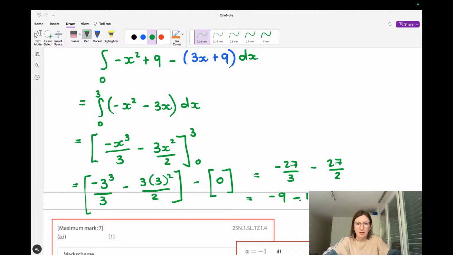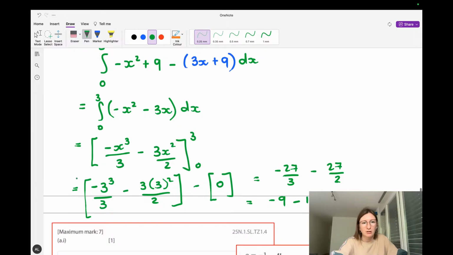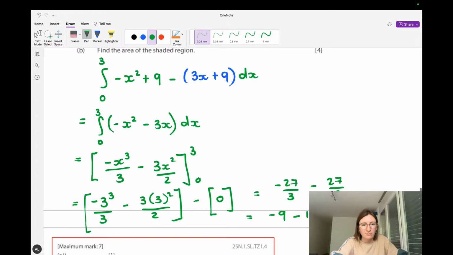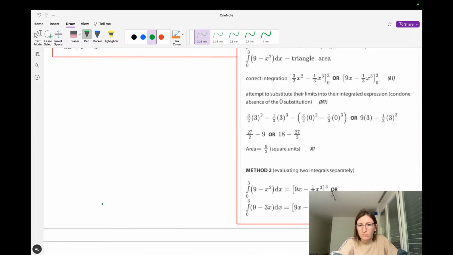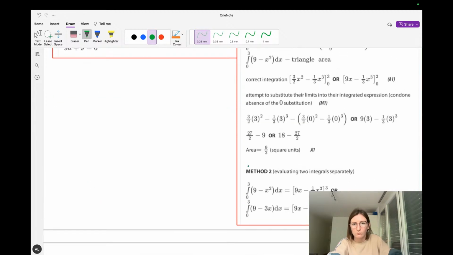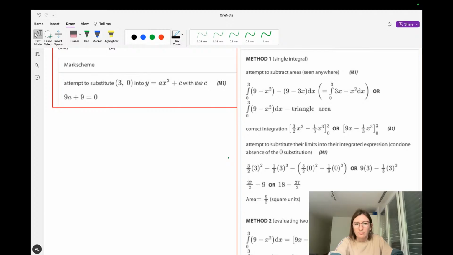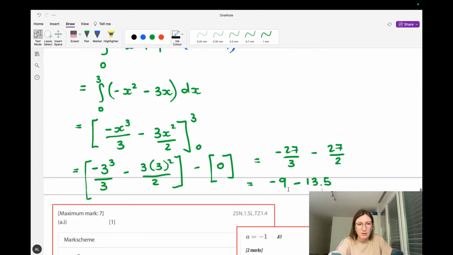Minus 9. No, do I have a negative wrong somewhere? Feel like I may have a negative that I shouldn't. Did I miss a negative somewhere?